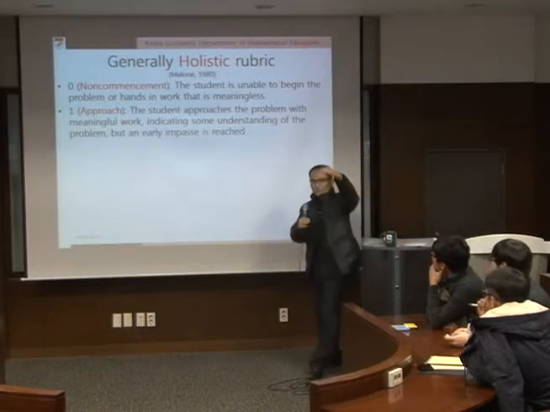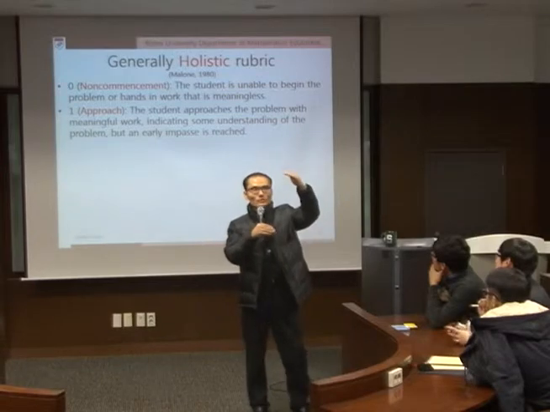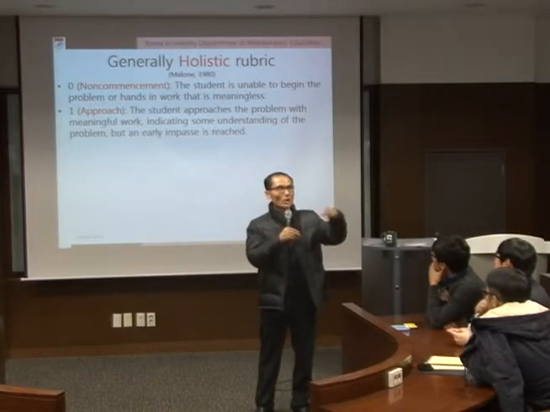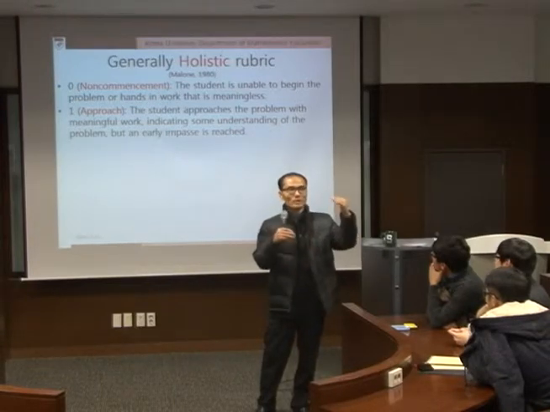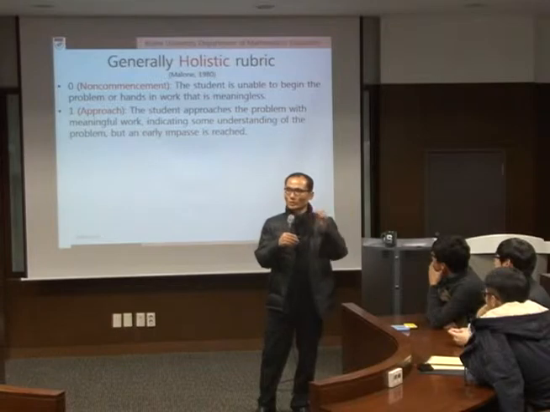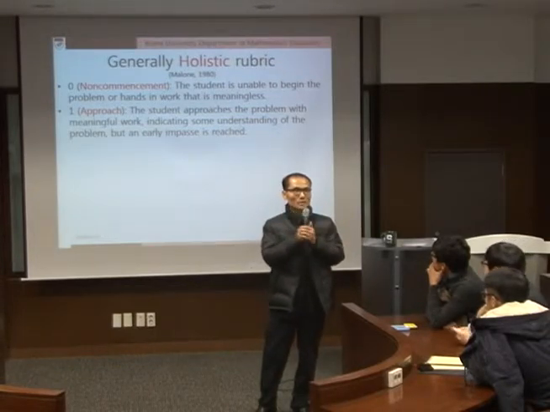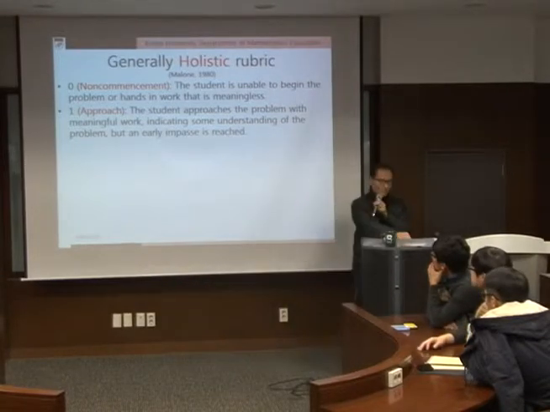Basically, for instance, there are 4 steps, right? Out of 4 steps, the student approaches just the first step. So how many points do you want to provide? Probably you can provide only 1 point out of 4, right? That's going to be one example.